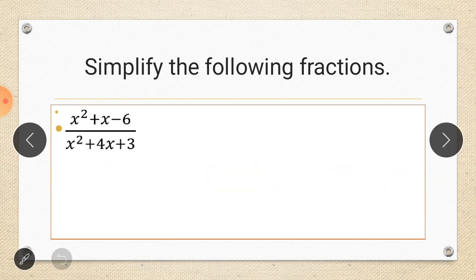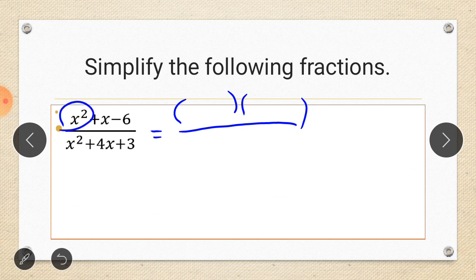Okay, how about if the given are trinomials? So just like this one, we have x squared plus x minus 6 over x squared plus 4x plus 3. So you're going to factor the numerator and the denominator. So the numerator is a trinomial whose leading term is 1. So to get the factors, get the factor of the first term, x squared, so that is x times x.